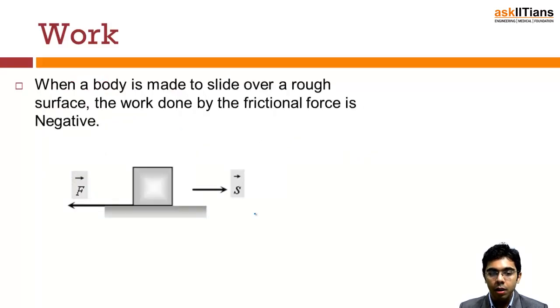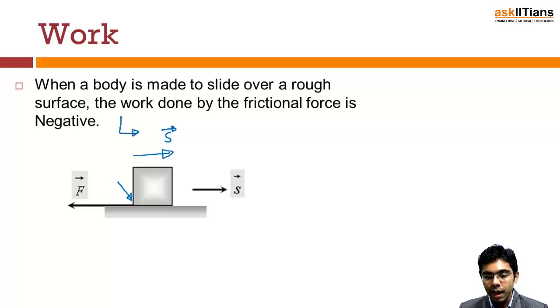We can see it from another example. If the body is displacing along this direction, and we assume that the surface between the block and the ground is rough, then the displacement is along this direction, the positive x-axis.